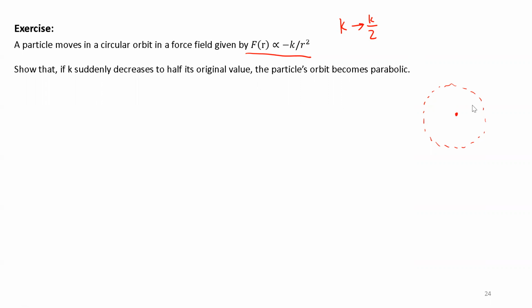You could imagine that if that happens, then you will not be able to sustain this circular orbit. The orbit will have to change shape. And here we want to show that the orbit will become a parabola.